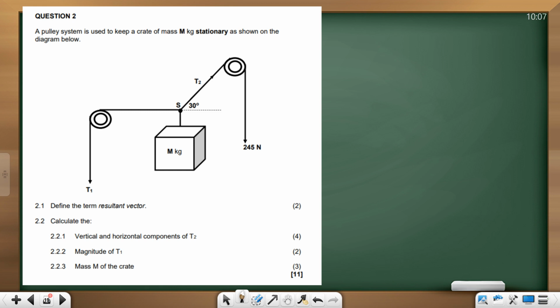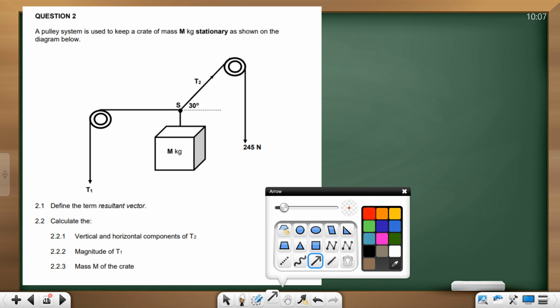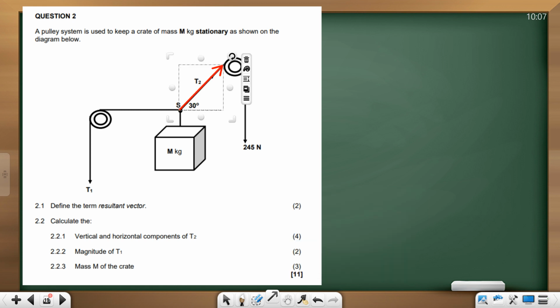You'll be given a resultant. You now need to find the vertical and the horizontal. Does that make sense? You'll be given what? A resultant. For example, this one here is a resultant.